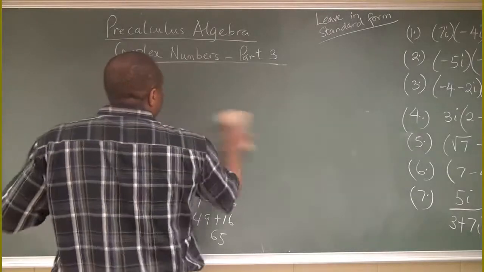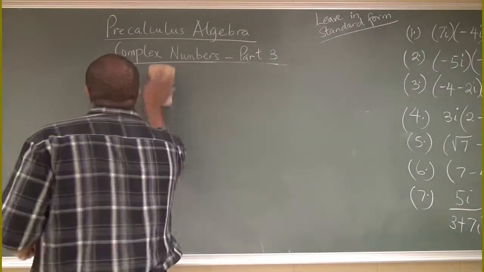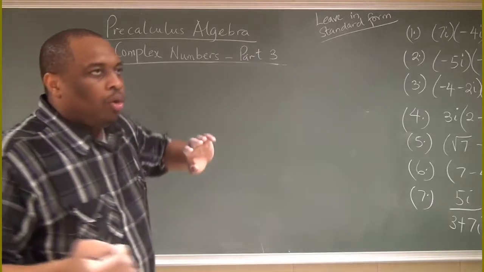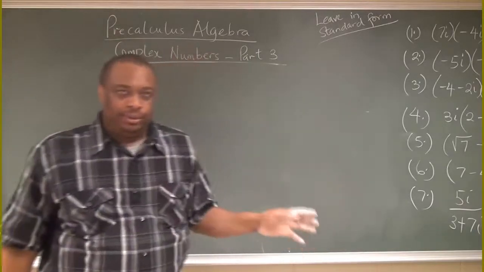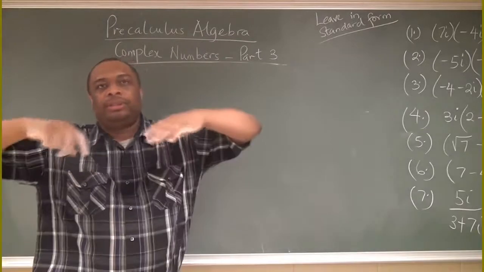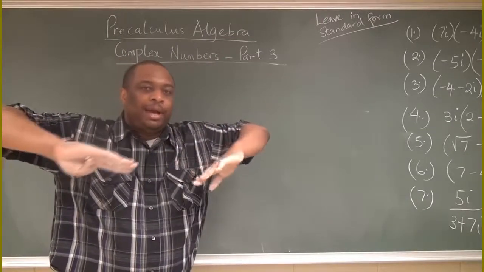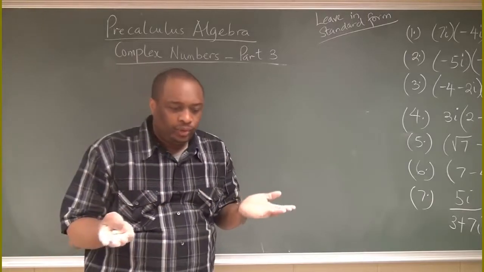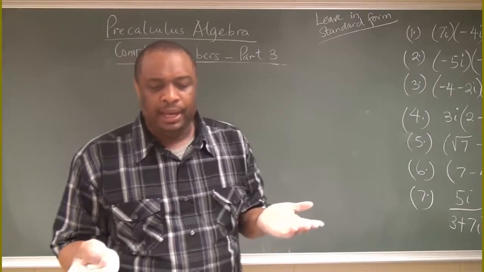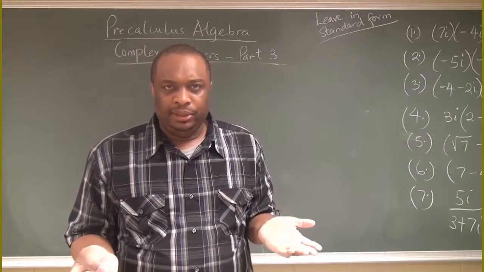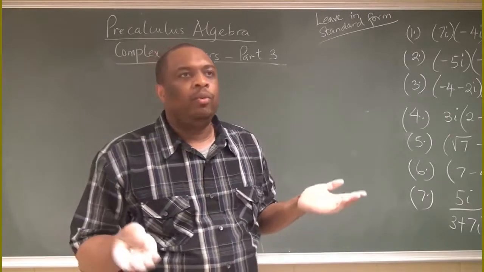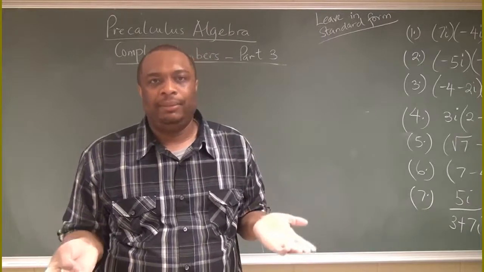Alright, now let's come to division of complex numbers. Before we talk about division of complex numbers, just like when we did radicals and talked about rationalization of radicals, we don't want an irrational number at the denominator. The same thing with complex numbers: we don't want a complex number at the denominator.